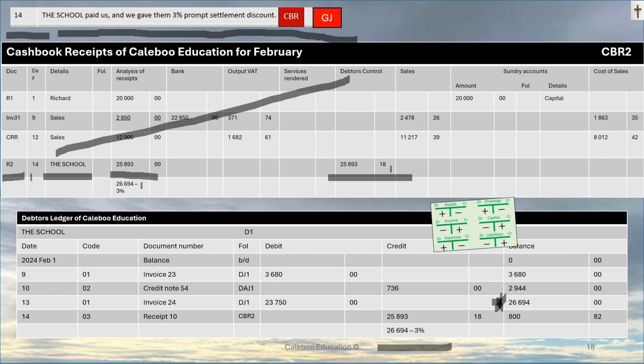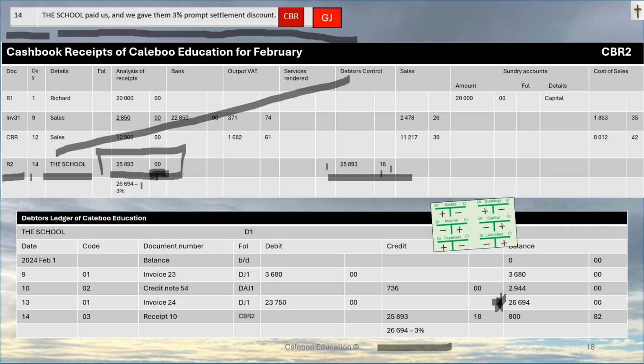Now remember that we were 18 cents out at the beginning of this video, and I picked up that in this calculation, there you can see, the cents column was made 00, but I fixed that error, and now it's 25,893 and 18 cents.